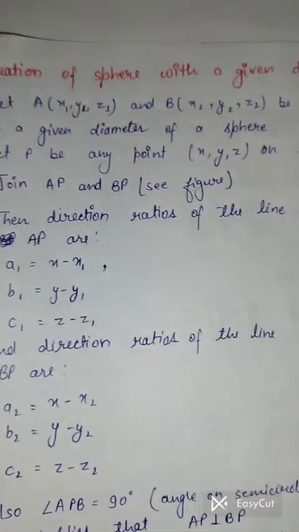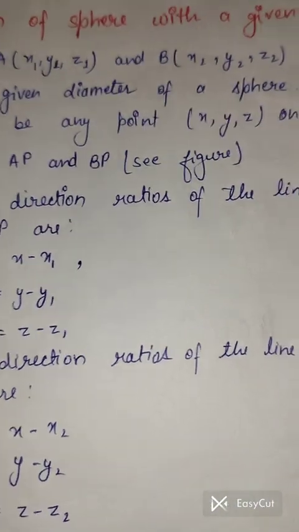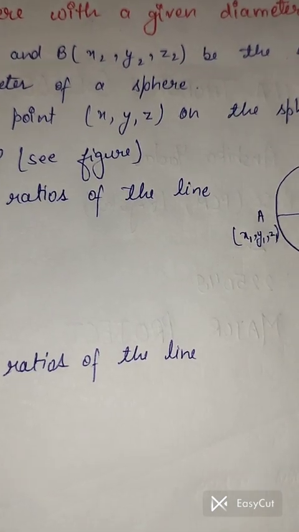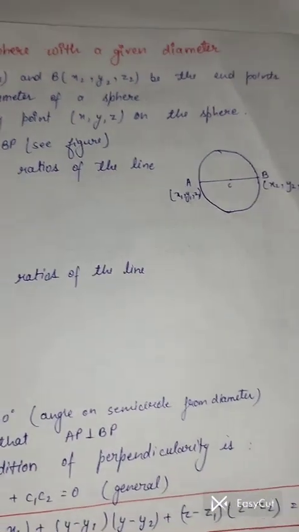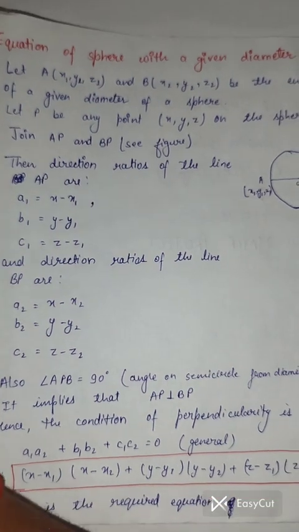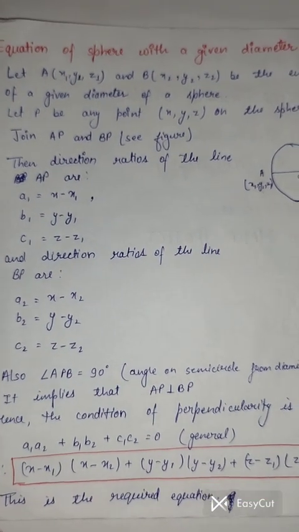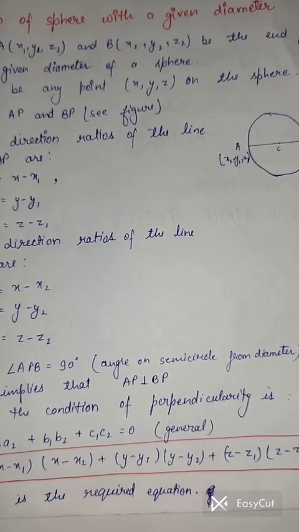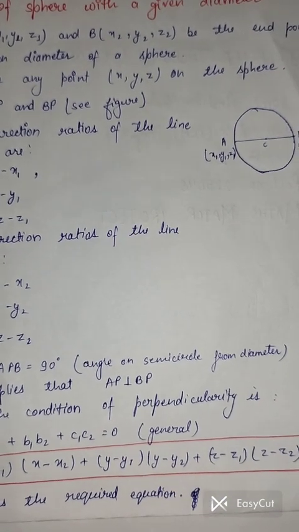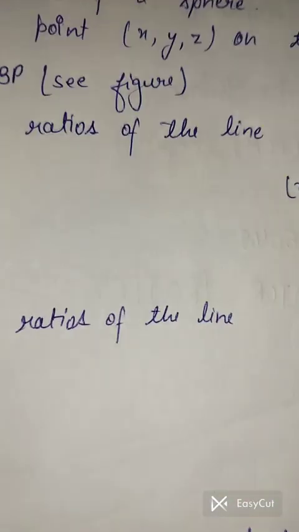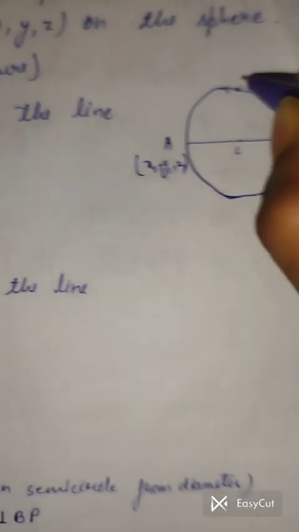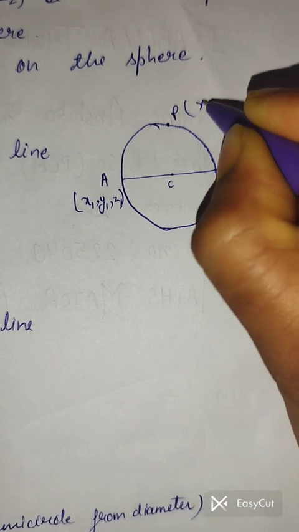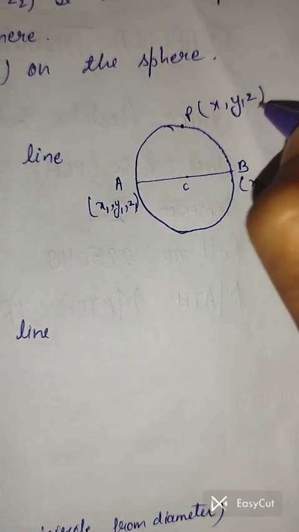So let A x1, y1, z1 and B x2, y2, z2 be the endpoints of a given diameter of a sphere. Let P be any point, that is x, y, z on the sphere. So let us take this point here, that is P, x, y, z.